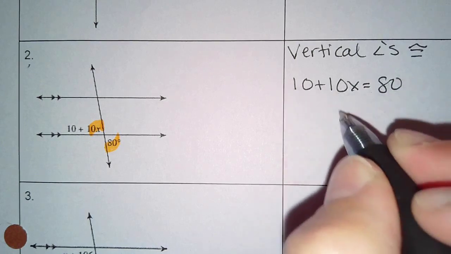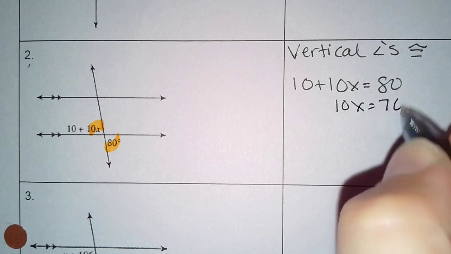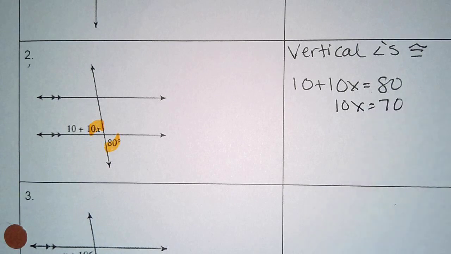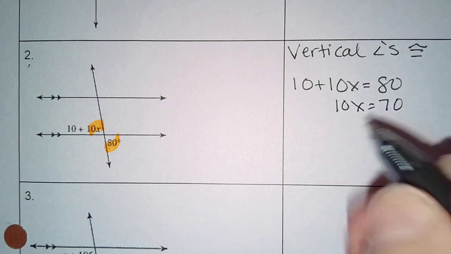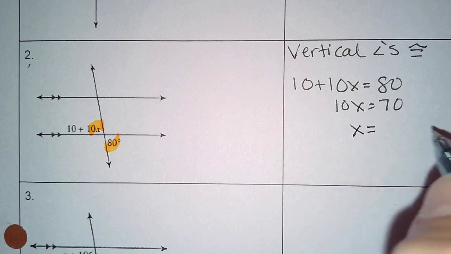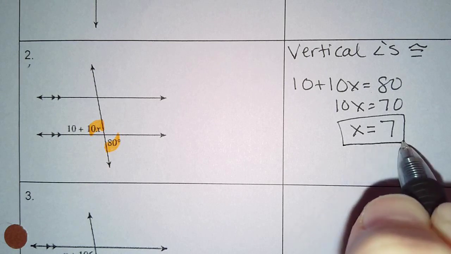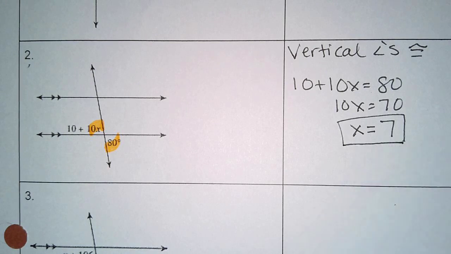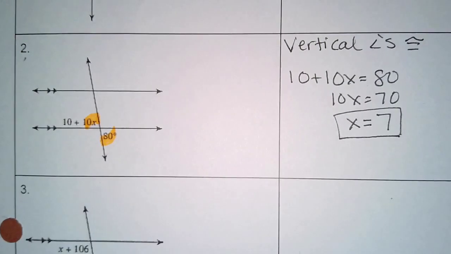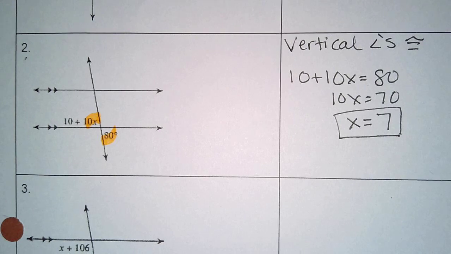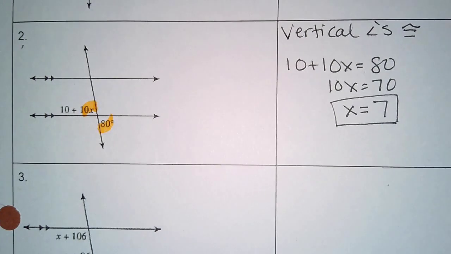Subtract 10 on both sides, so 10x equals 70. Divide by 10 on both sides, x equals 7. Done. Questions on number 2?